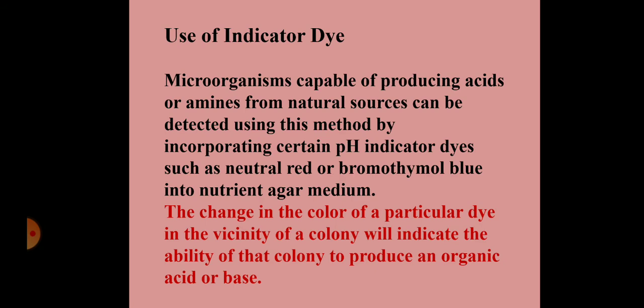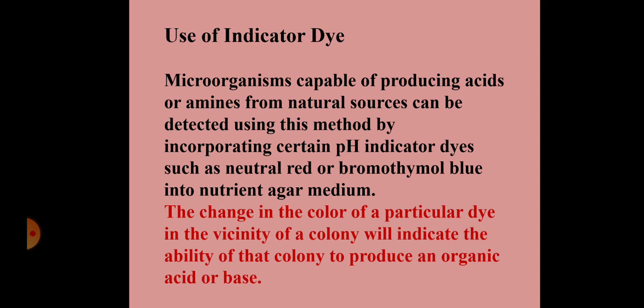So we take a medium containing indicator dye, inoculate with the soil sample, incubate. After incubation, check those colonies which are surrounded by different color. Say for example, if we have added bromothymol blue into the medium and prepare the medium, the pH will be neutral. At that time, the color of the medium will be green.